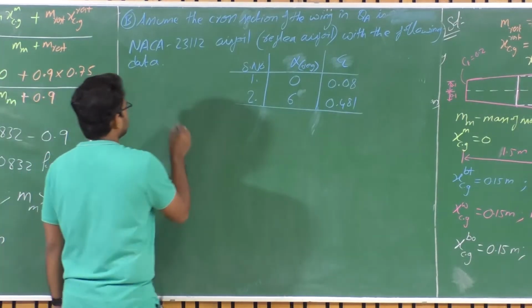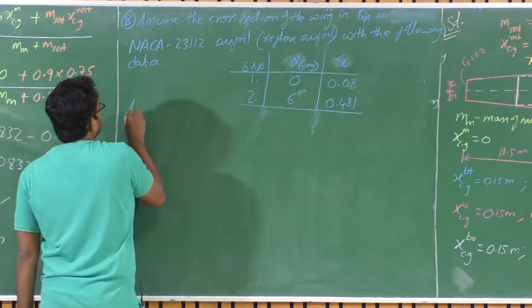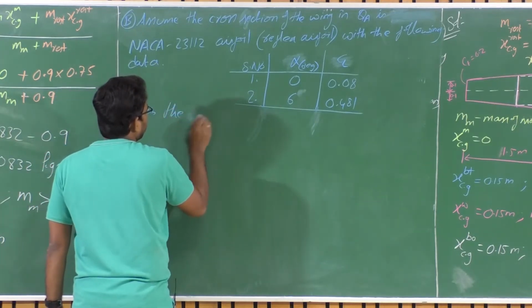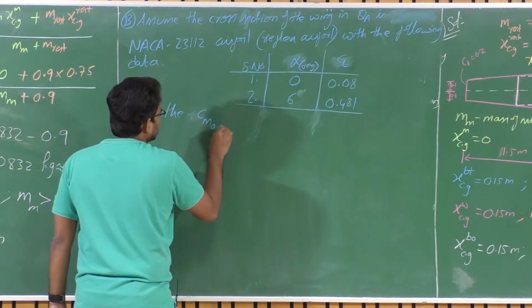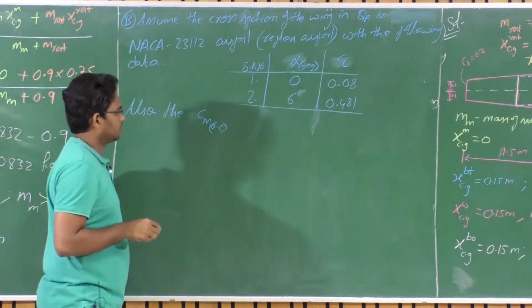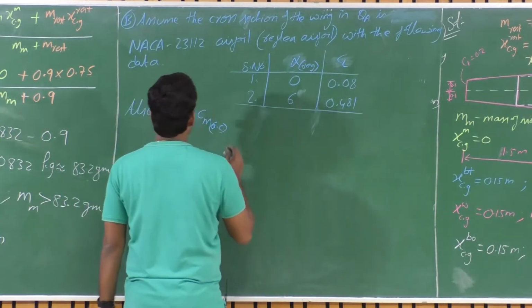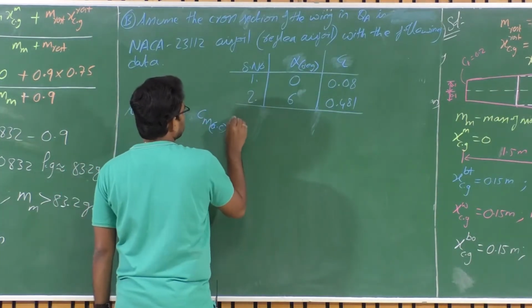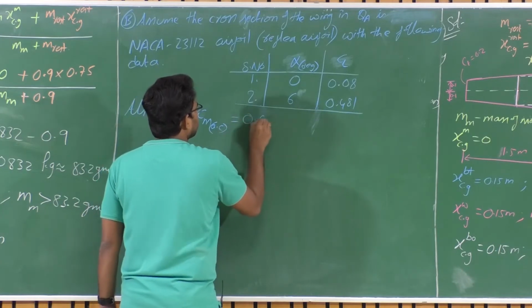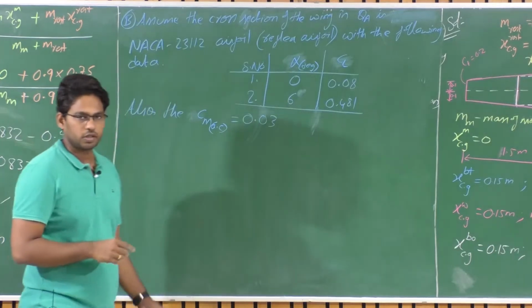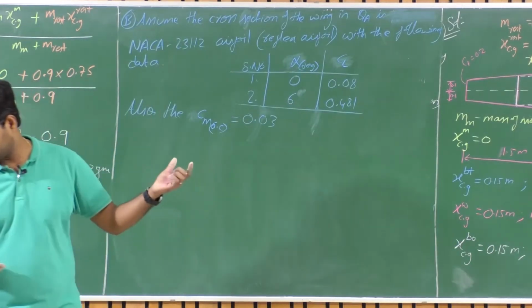And also the Cm about the aerodynamic center, or Cm c/4, more or less the same unless there is a huge deviation. So Cm c/4 is close to 0.03, right, 0.03. So that's a reflex airfoil that we can talk about.